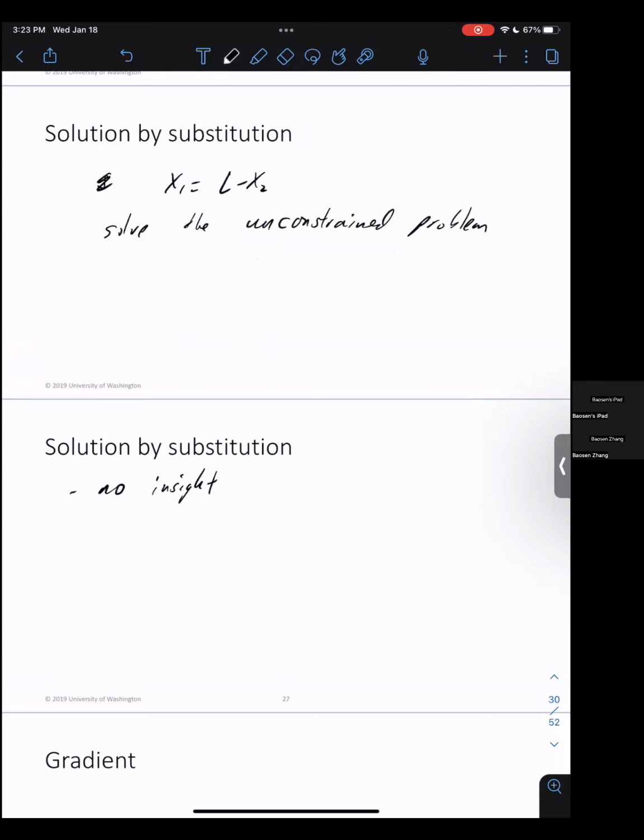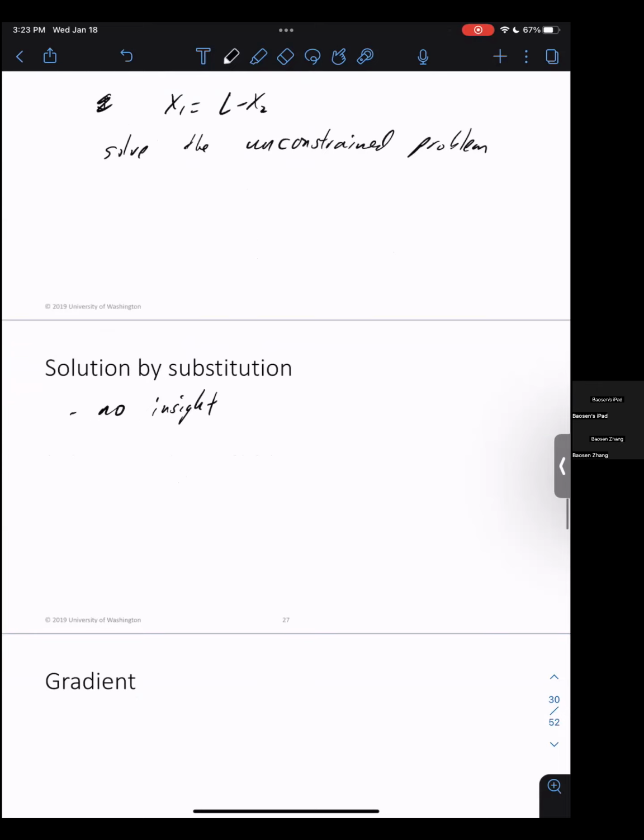But for us, there's no insight: why did the solution come out the way it did? Another big problem is that this is impossible if the constraint is not linear. I don't know how to substitute.